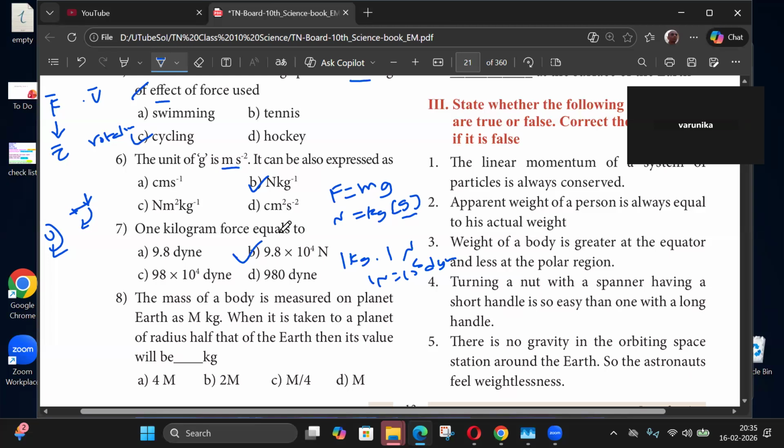Sir, I couldn't hear your voice, sir. Hold on. 1 kilogram force means what? I think it's m into G. Yes, sir. 1 kilogram force means the weight, m into G, which is 9.8 Newton. So it's 9.8 into 10 raised to 5 dynes. So it is C.